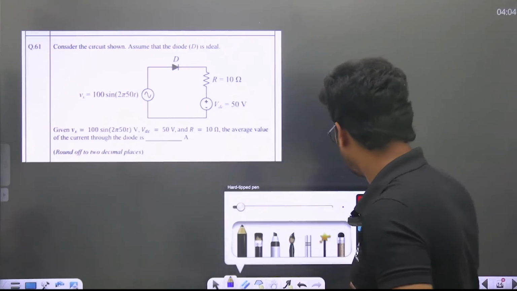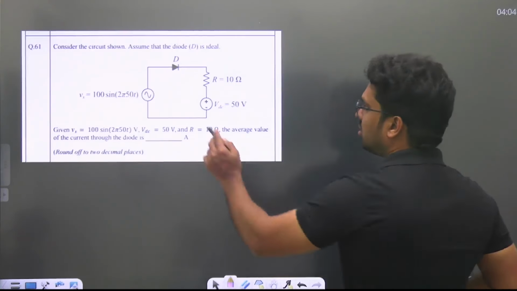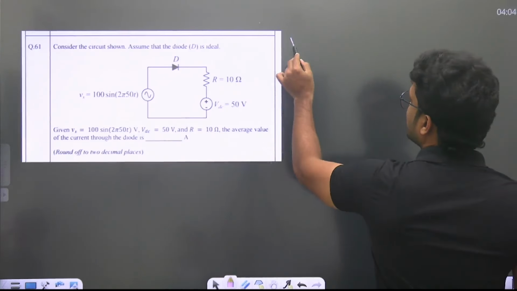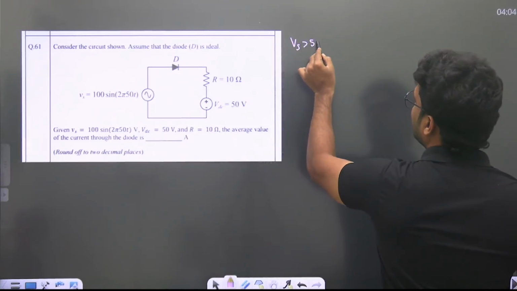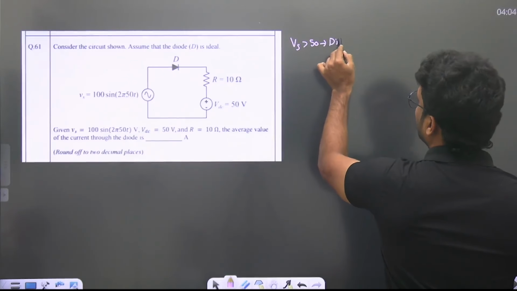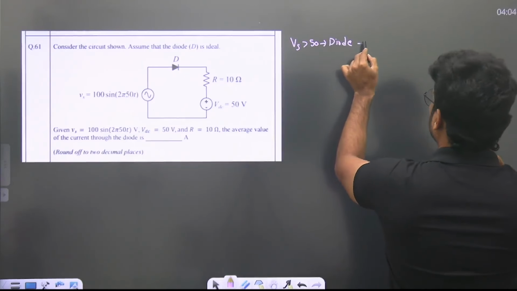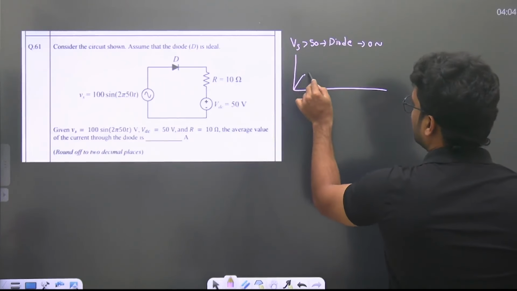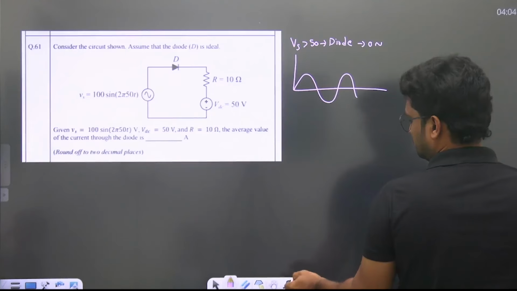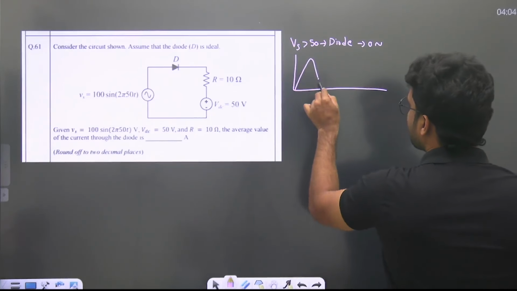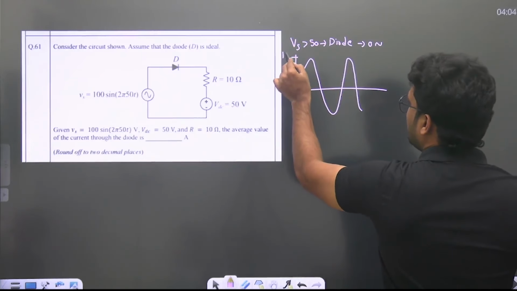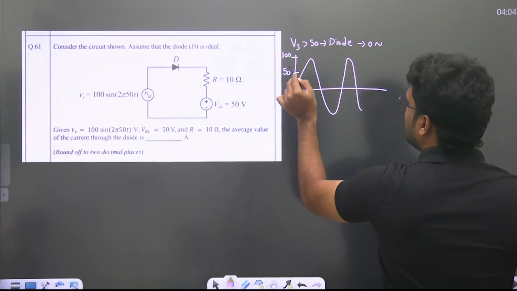So firstly, what you know here, diode will be on when Vs is greater than 50. Okay, so if you plot the sinusoidal waveform, this is the maximum value of 100 and this should be 50.